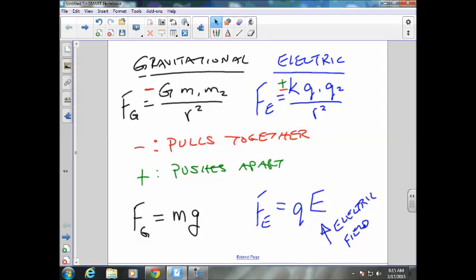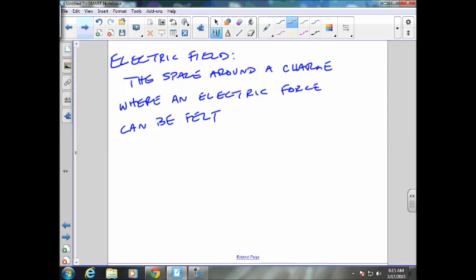How do you calculate the value of an electric field? It's going to be everything up here in the electric force except one of the charges. The electric force constant, the other charge, and the distance between them. So how do you calculate the magnitude of an electric field?